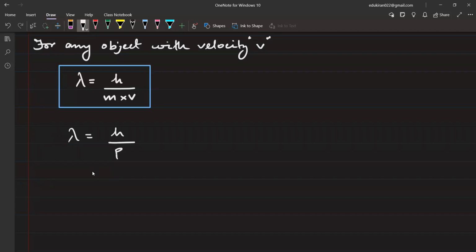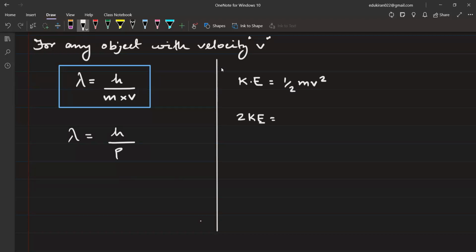Now, do you guys know what is the relationship between momentum and kinetic energy? See here. What is kinetic energy? Kinetic energy is equal to half mv square. So I will put this half on the LHS. I will get 2 times kinetic energy is equal to mv square. Now I will multiply mass on both sides.